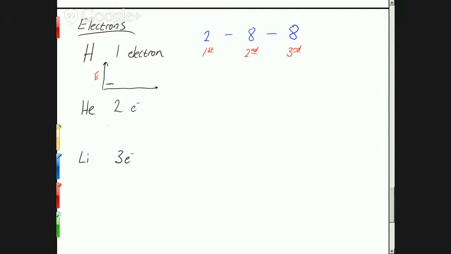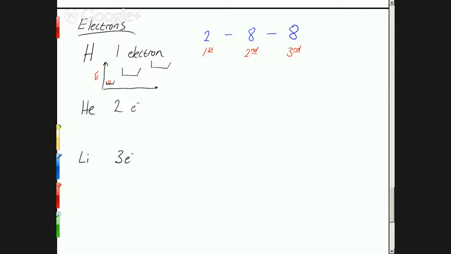And then my next level is going to fit 8. So maybe we'll make a little bucket instead. My next level is going to be a little bit higher in energy, fit 8. And then my third level is going to be a little bit higher still and fit another 8. That first electron that we put in that first level, we'll just make it a little circle here, tells us that hydrogen has 1 electron in its first level.